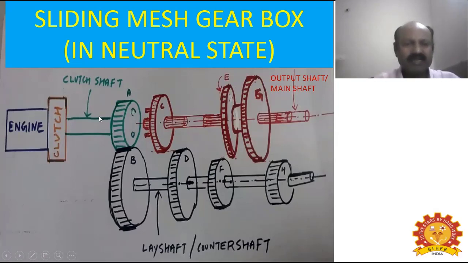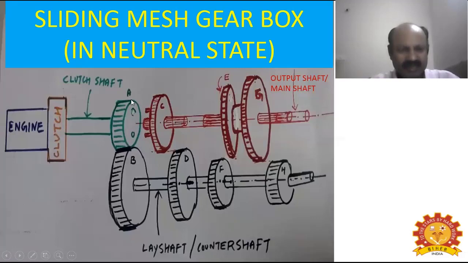They are not tightly fixed, so they are not directly connected. At present, in this diagram, the output shaft will not rotate because this diagram is shown in the neutral state.